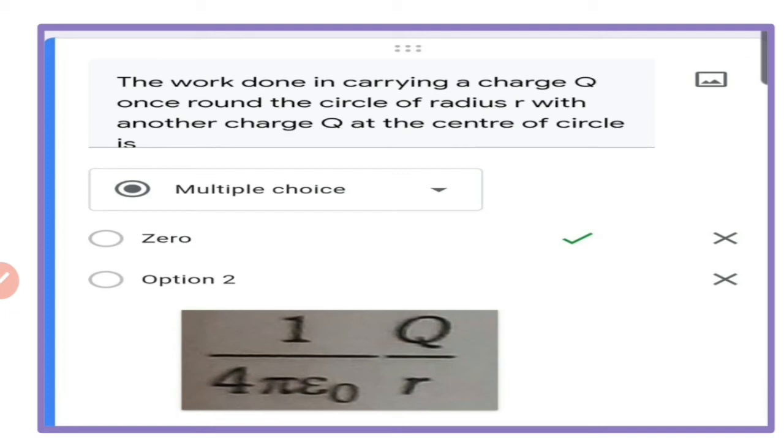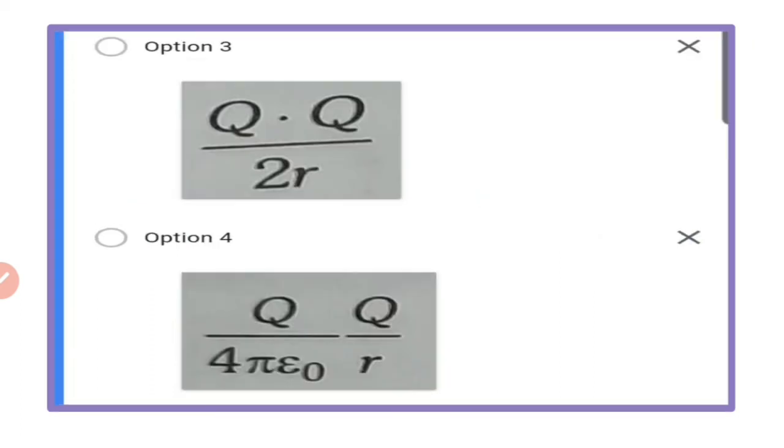So actually this charge which is moving is moving on a circle at whose center another charge is kept. So along that circle, potential will be the same, equipotential. So work done in moving the charge will be 0. It's already marked there, that is the answer is 0.